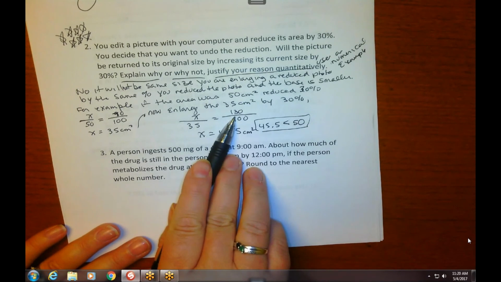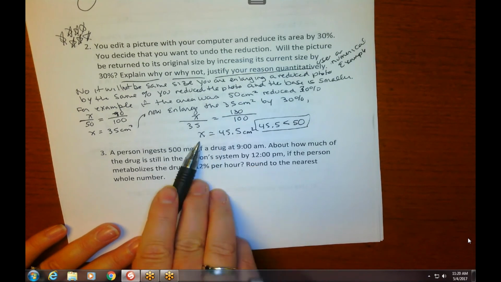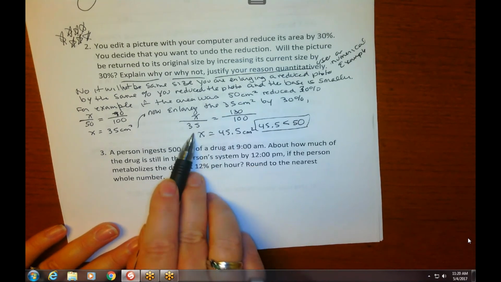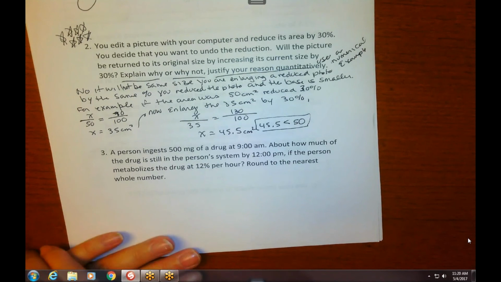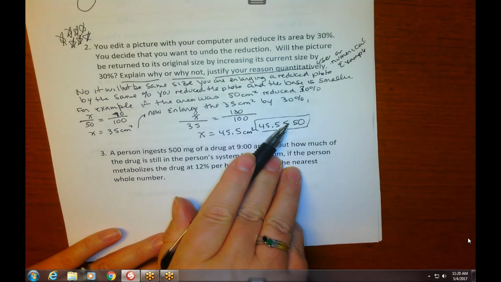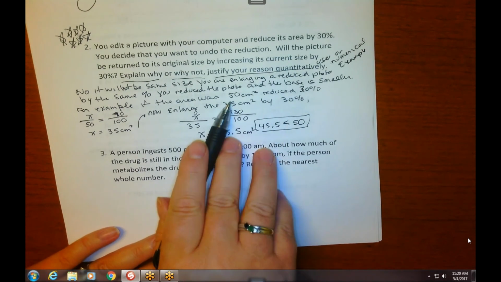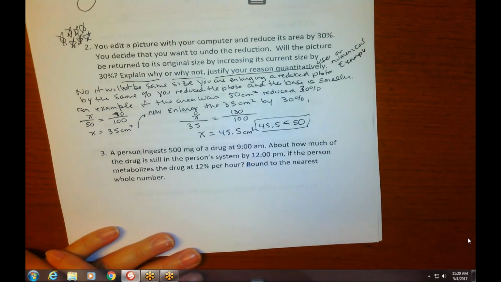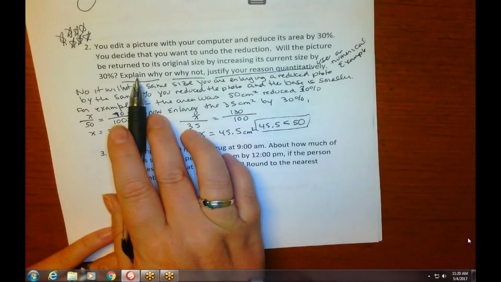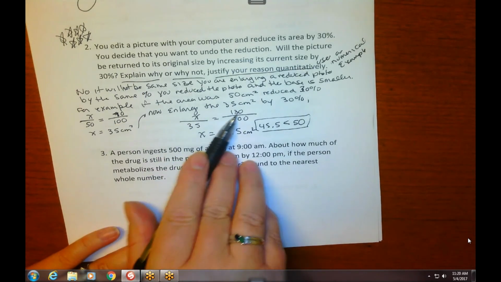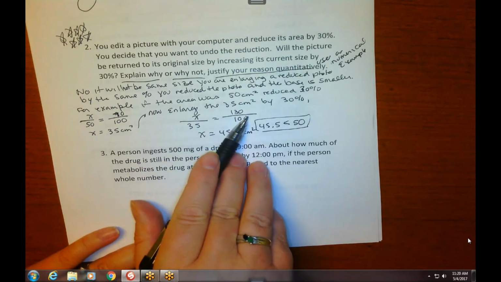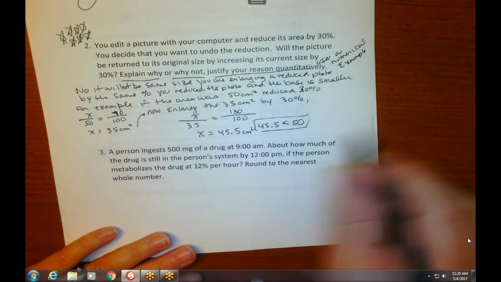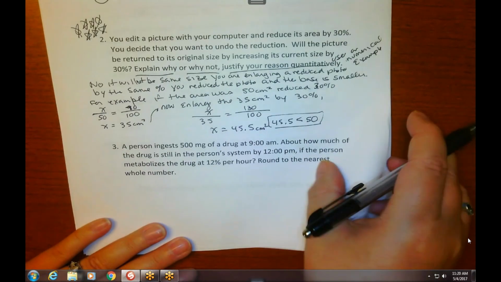You're taking the same increase as you did decrease, a percentage of a smaller base. It won't work. It does not give you the 50 back. And again, I just picked 50. You can pick whatever number you want. Reduce it by the percent they give you, then get that value and enlarge it by the same percent and show that they don't match.